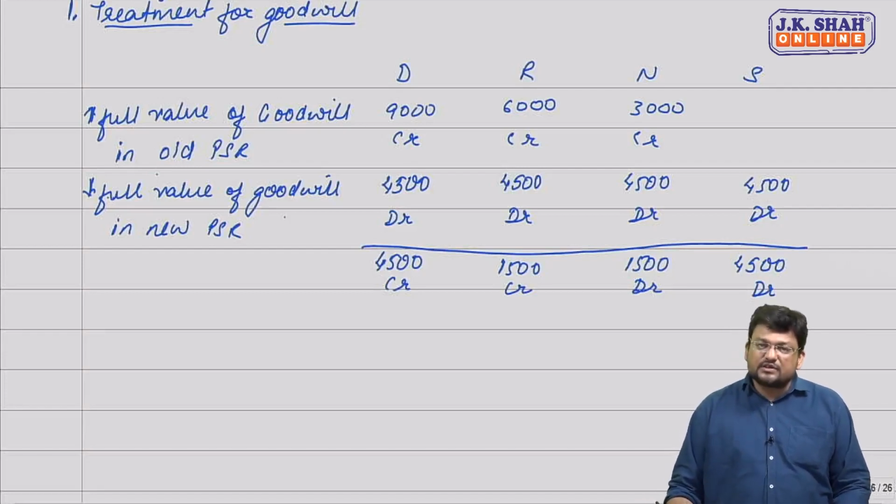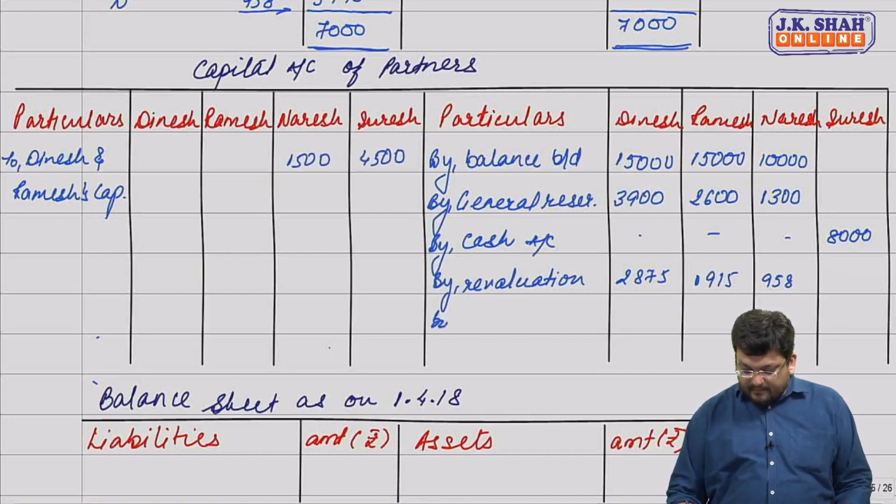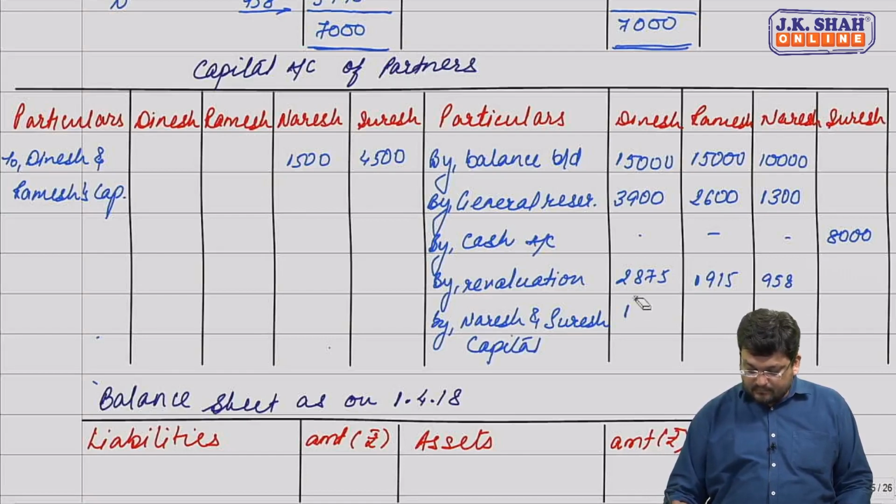So entry we get is Naresh capital debit, Suresh capital debit, to Dinesh's capital and Ramesh's capital, 4,500 and 1,500. Correct.